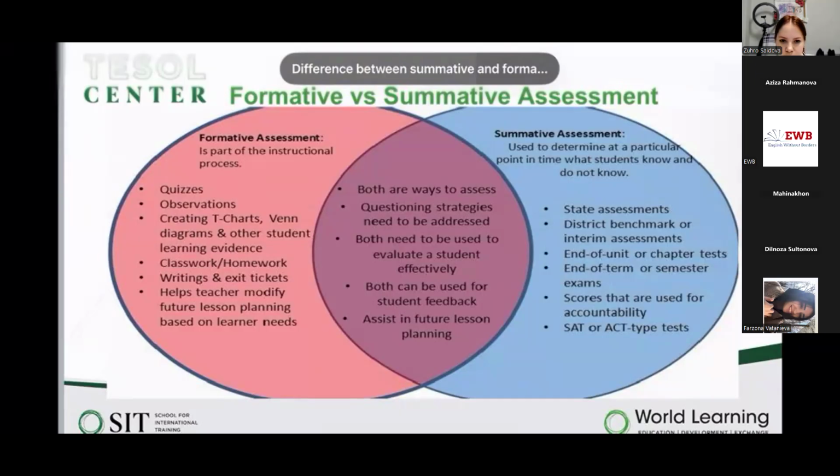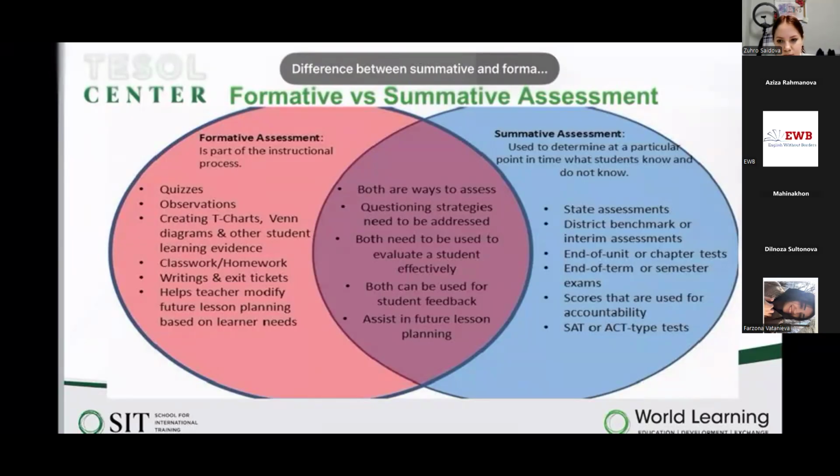Both need to be used to evaluate a student effectively. Both can be used for student feedback, and they both assist in future lesson planning. We already talked about types of formative assessment and types of summative assessment, and now here are the similarities between these two types of assessment.